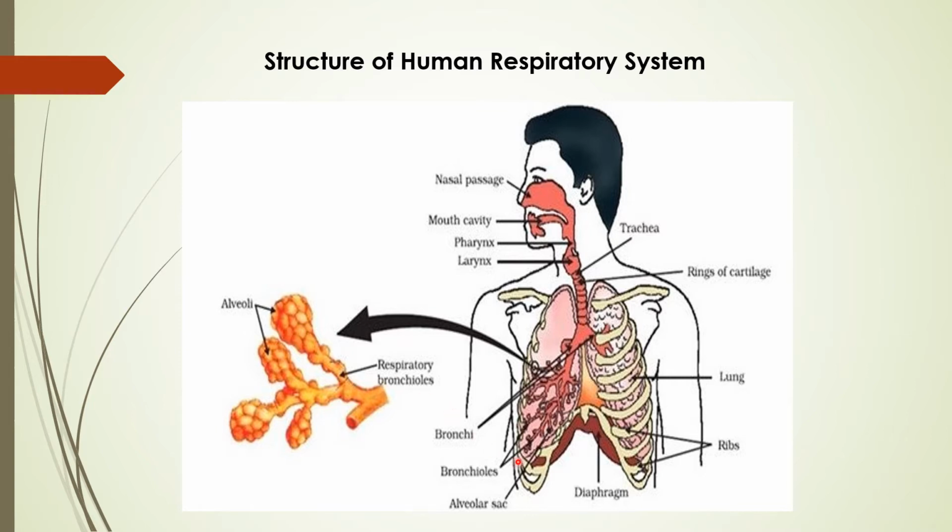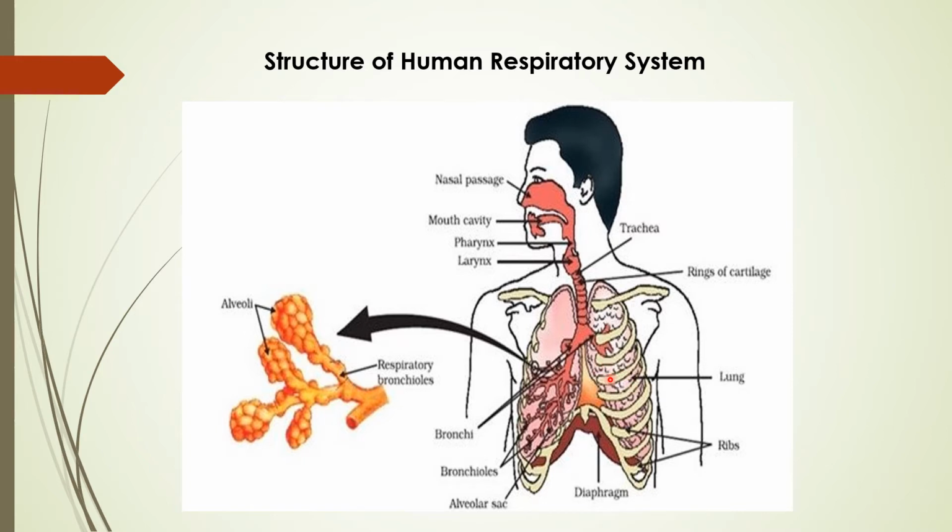After that, you can see there are ribs also. There are 12 pairs of ribs in the thoracic region, and they form a case in the thoracic region. The lungs and heart are safely placed in it.